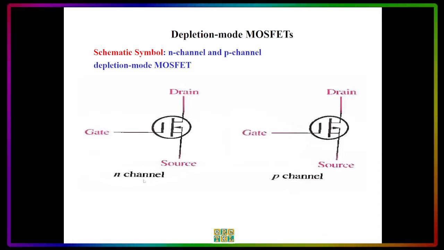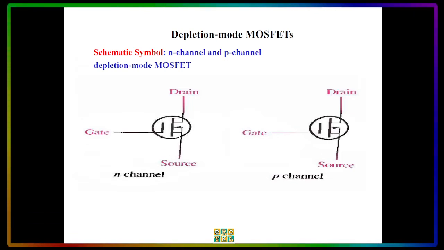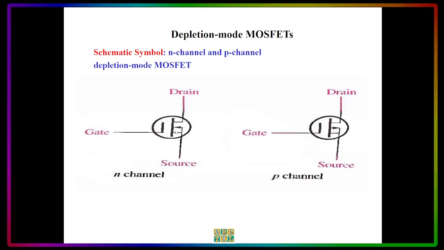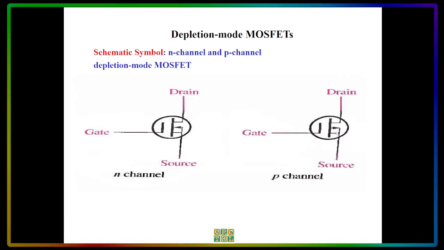When we say N-channel depletion mode MOSFET, it has the arrowhead pointing to the left, inward, so it's pointing into the inside part of the MOSFET. And for the P-channel depletion mode MOSFET, you will notice that the arrowhead is coming out from the inside part of the schematic symbol.